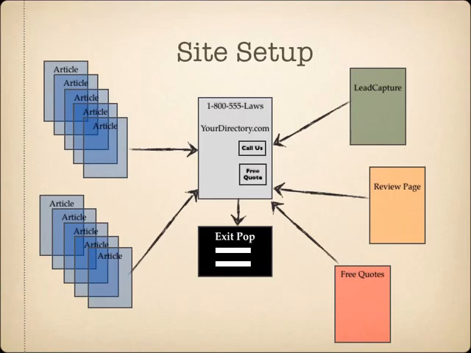You want to put together a report or video and give that away on the site in exchange for a name and email address, or a name and phone number. You can say, put your name and email address in the box, like right here on the side where you have "call us," it could say "report."